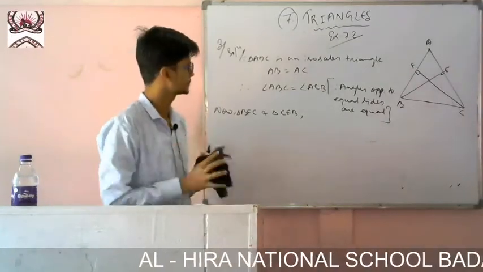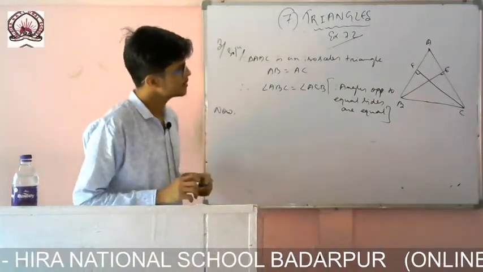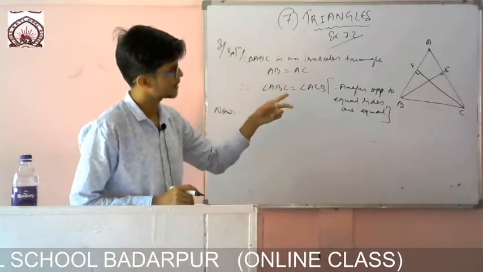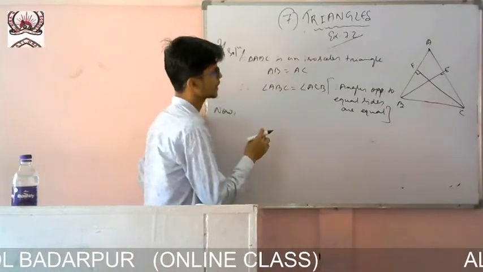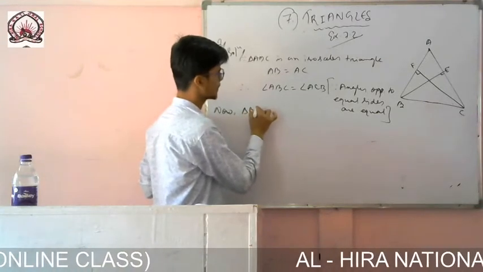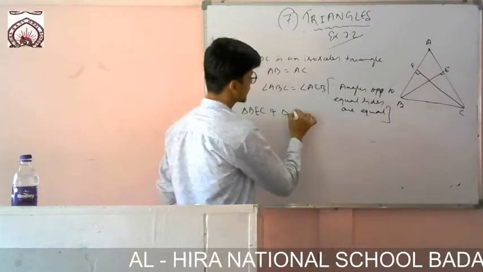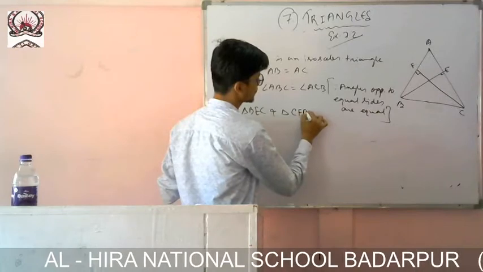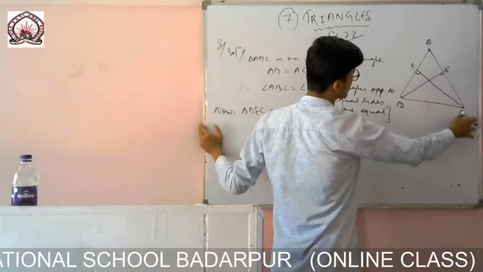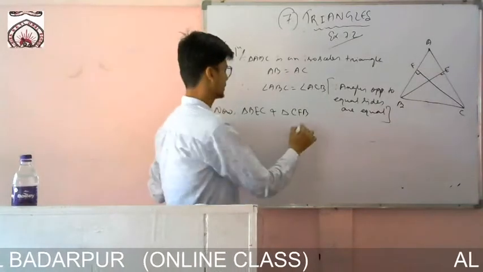No, sorry, you write like this: in triangle BFC, and there I will take CFE. I need that whole angle. So in triangle BEC and triangle CFB, actually I need this whole angle, that's why BEC and CFB we have.